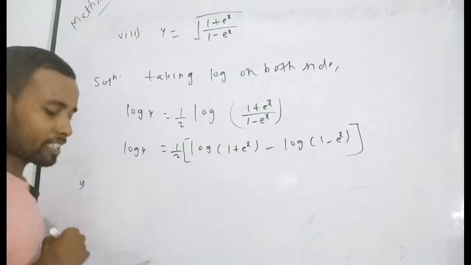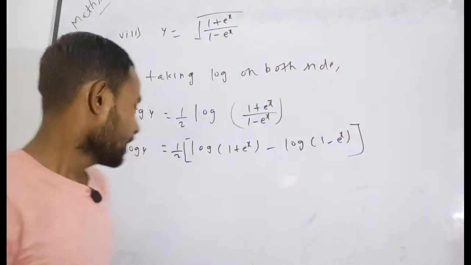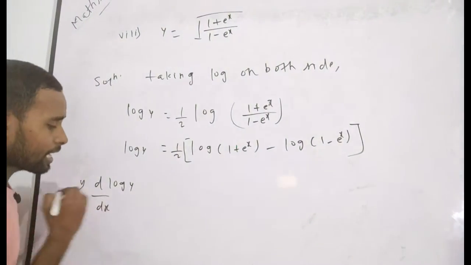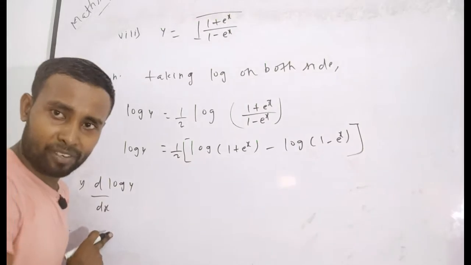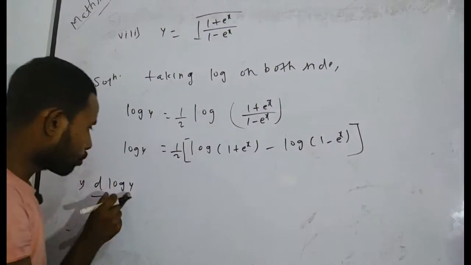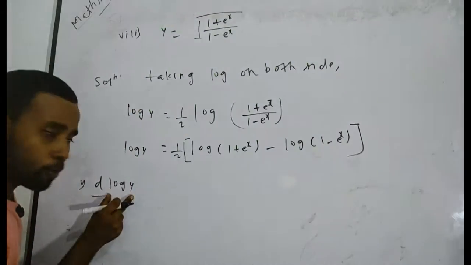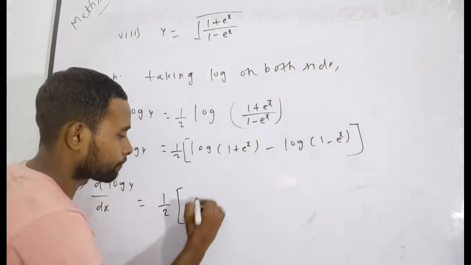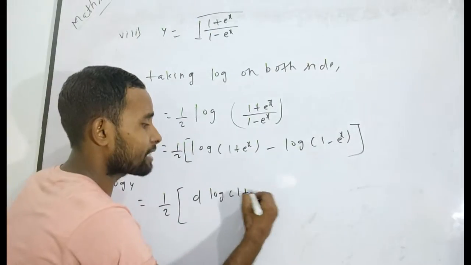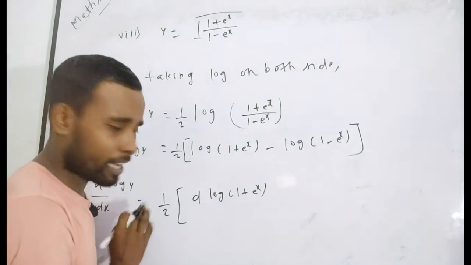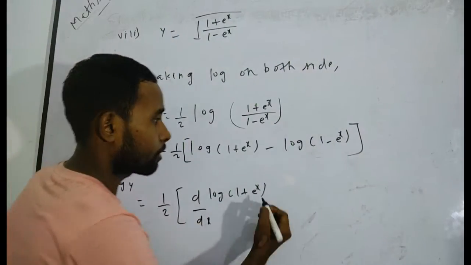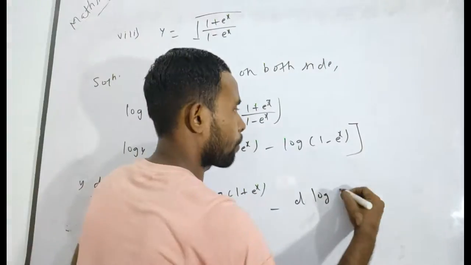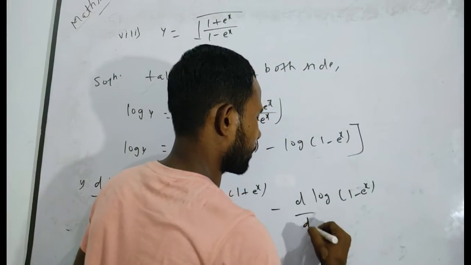Now you have to differentiate this function with respect to x directly. If you differentiate on both sides with respect to x, you will get the derivative of log y with respect to x equals the derivative of 1 by 2 log of 1 plus e to the power x, where 1 upon 2 is a constant, that's why I have taken it out, minus the derivative of log of 1 minus e to the power x with respect to x.